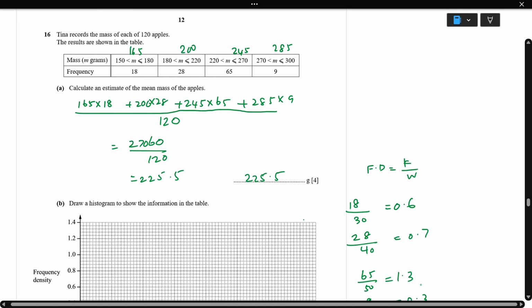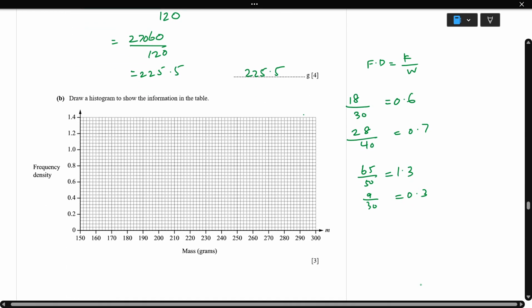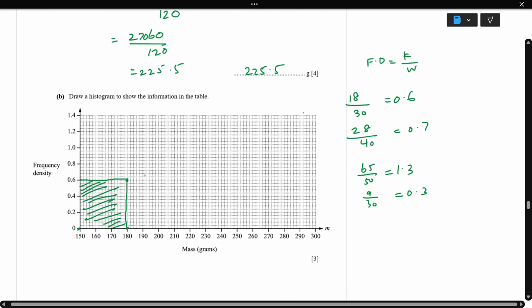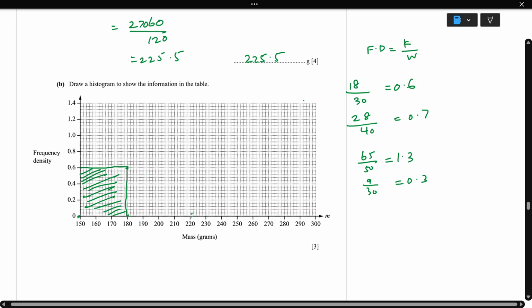Okay, the first interval is 150 to 180. The height is going to be 0.6, 0.6 is here, and 0.6 is here. We need to draw with the ruler, and shade a little here. The second interval is 180 to 220.